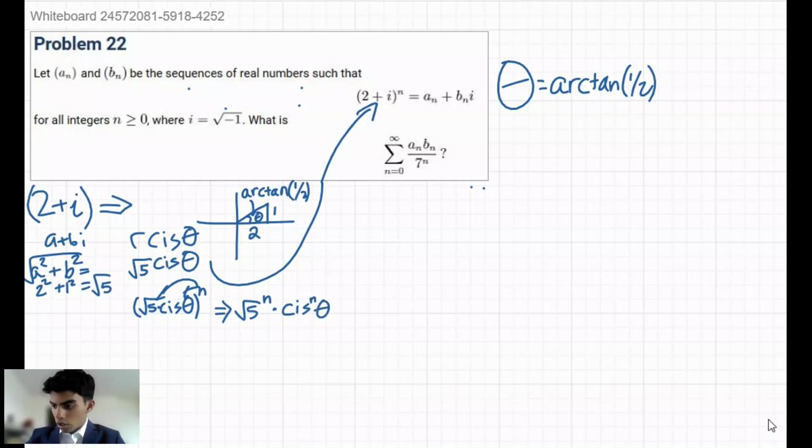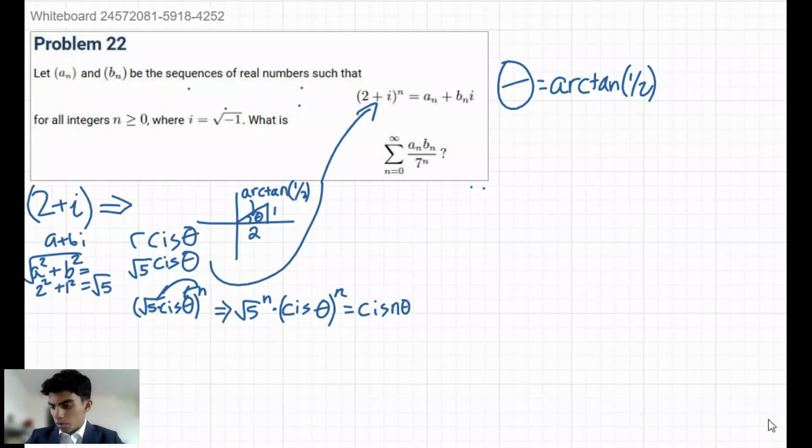Realize that through De Moivre's theorem, this part is equal to cis of n theta.